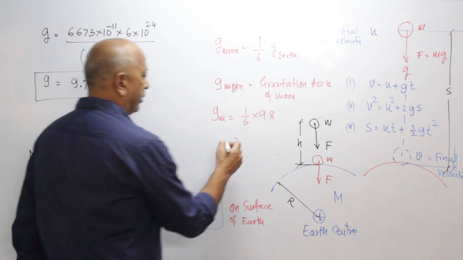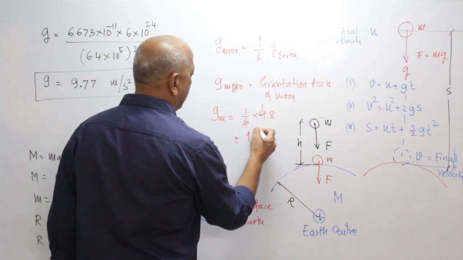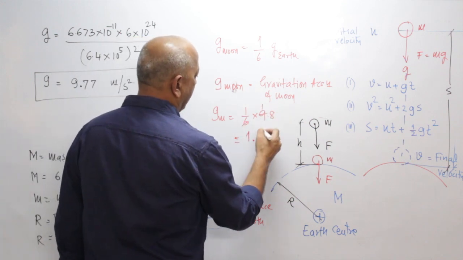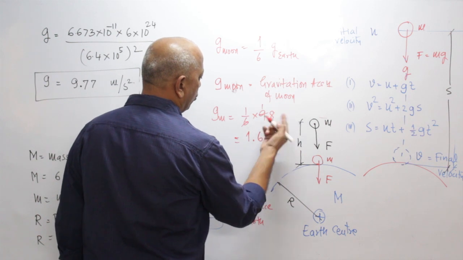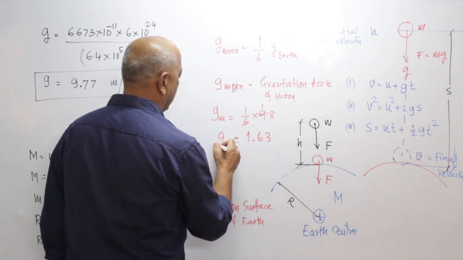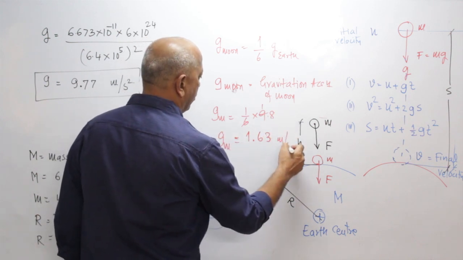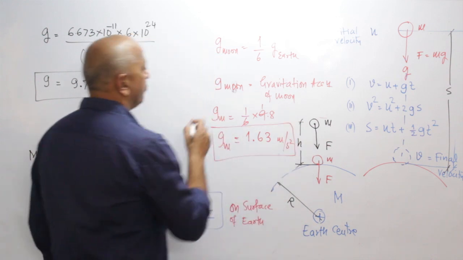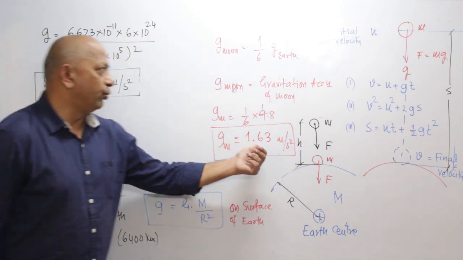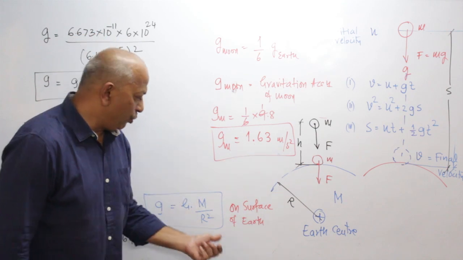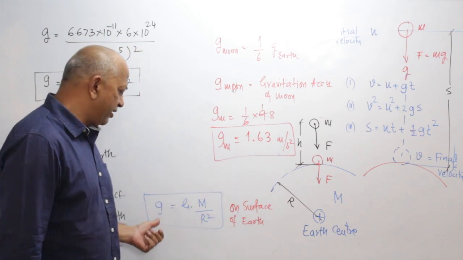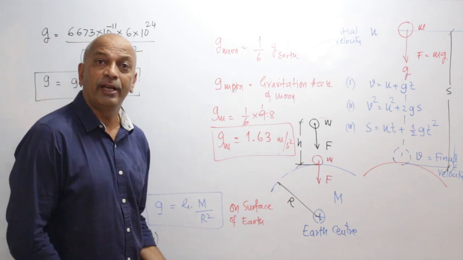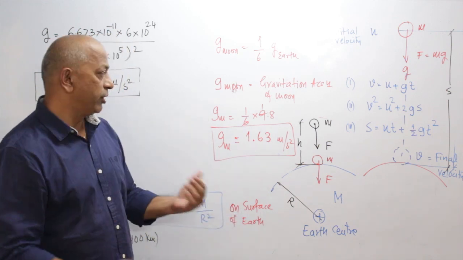So you can calculate, 6 ones are 6, 6 threes are 18, 6 sixes are 36, 2. So 1.63 meter per second square. That is the gravitational acceleration on the moon. If you know the mass of the moon and radius of the moon, we can get the same value, because G is constant everywhere.